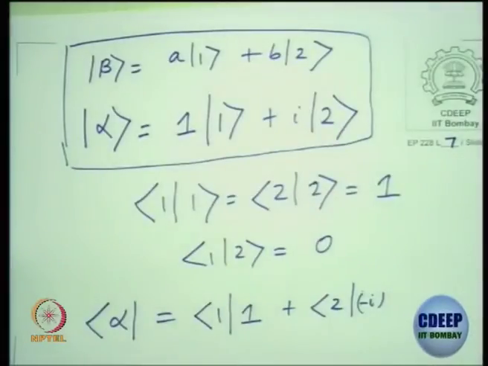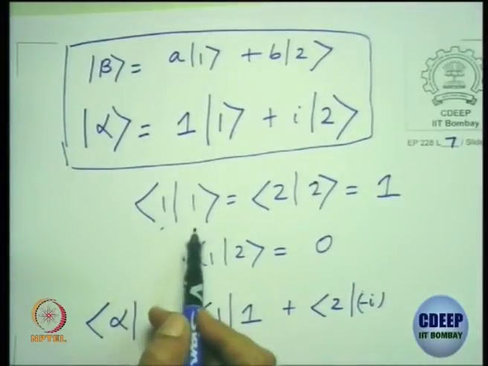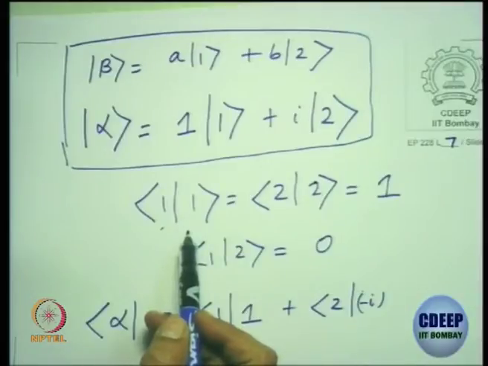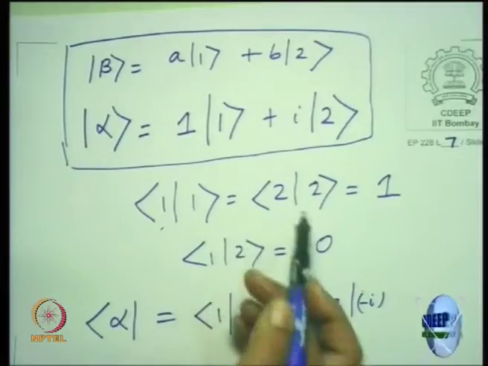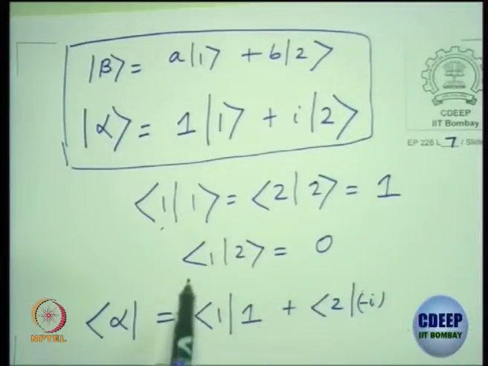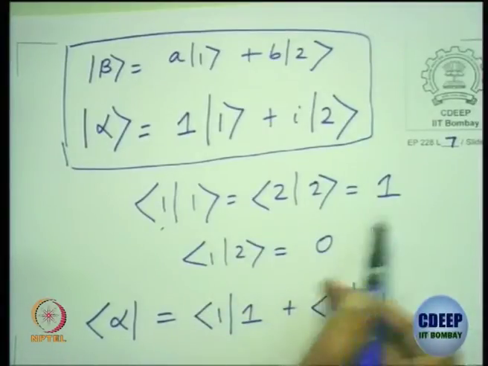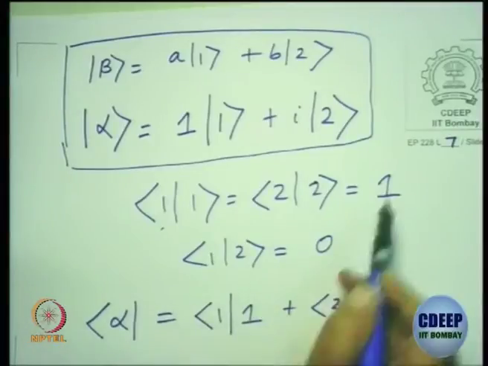Since any arbitrary beta is in terms of |1> and |2>, it spans the space. And we have also written a condition that <1|1>, <2|2> is 1, and <1|2> is 0, not identity, it's a scalar, it's 1.